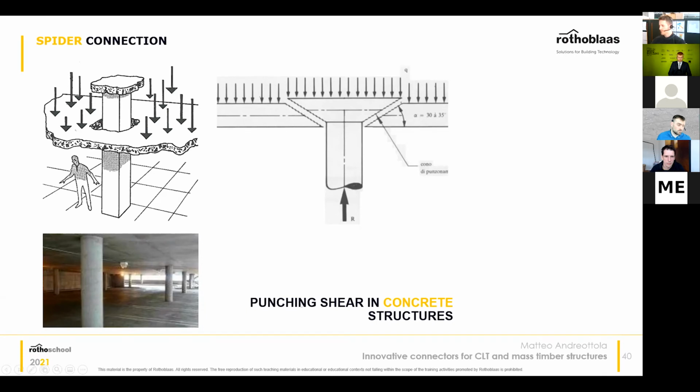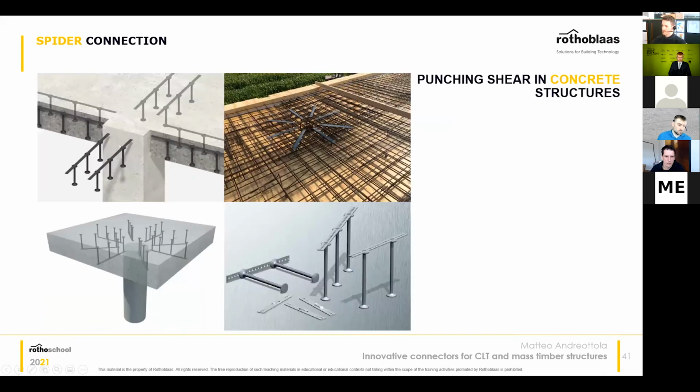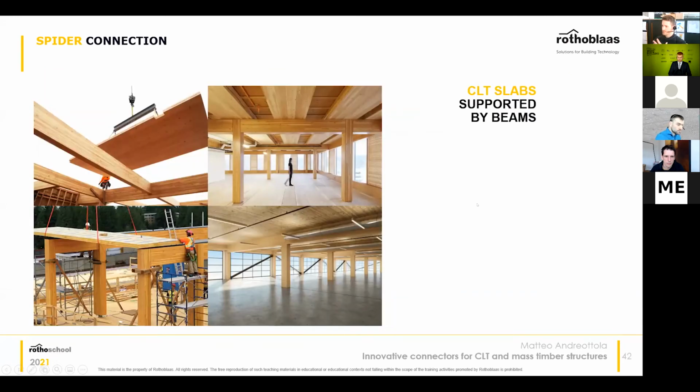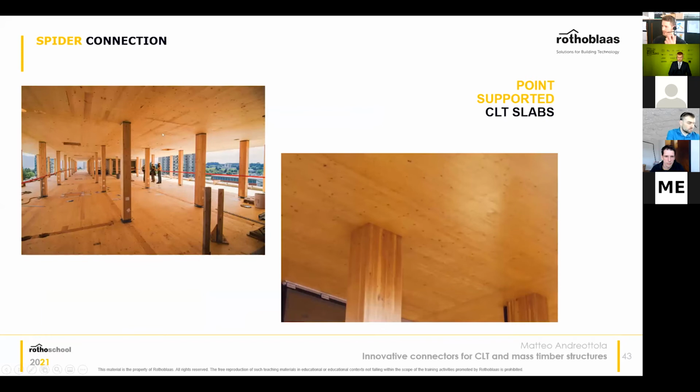What's the issue? It's the punching shear in the concrete. So in the concrete, the designer resolved this with some reinforcement to avoid punching shear. We can actually do the same with timber, and avoid having secondary structure, remove it completely.